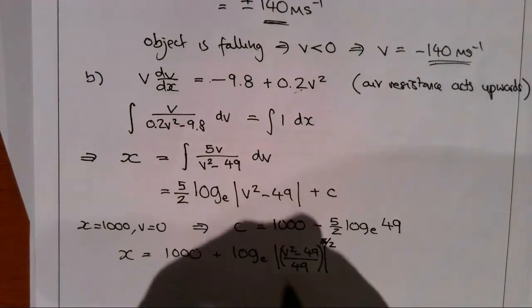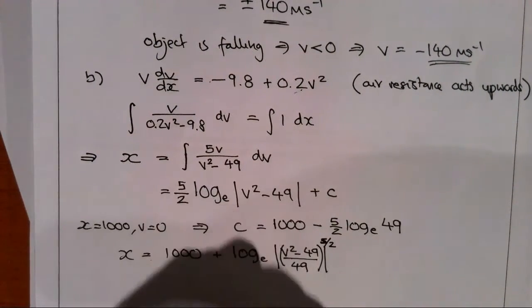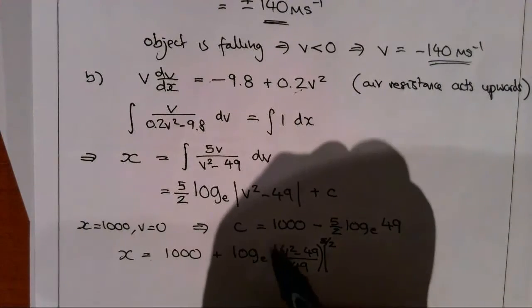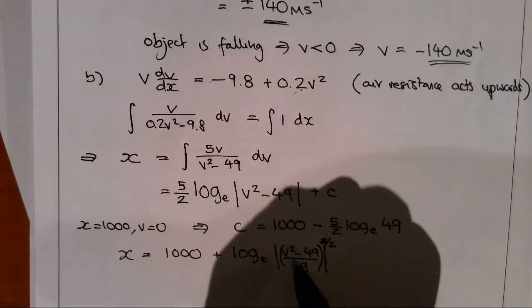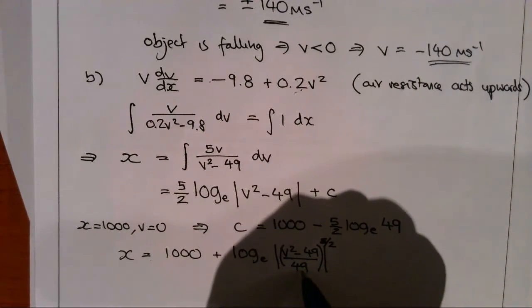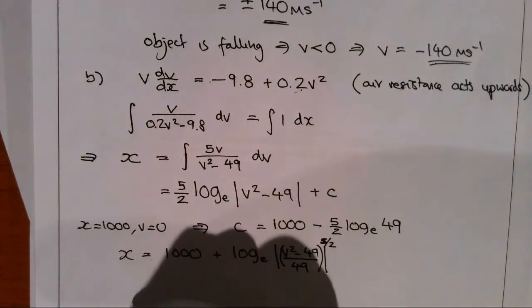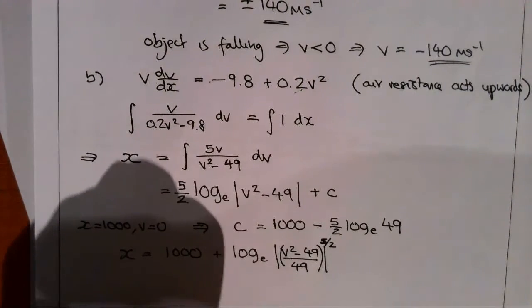So slightly complicated expression here. X is 1000 meters, which is where it starts, then plus the log of magnitude v squared minus 49 over 49, power 5 over 2.